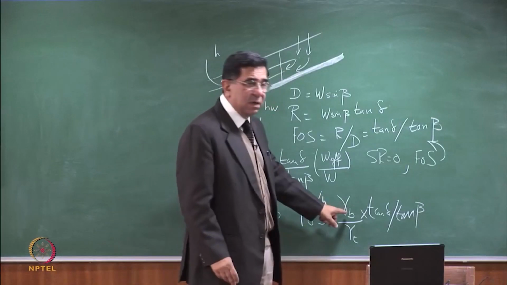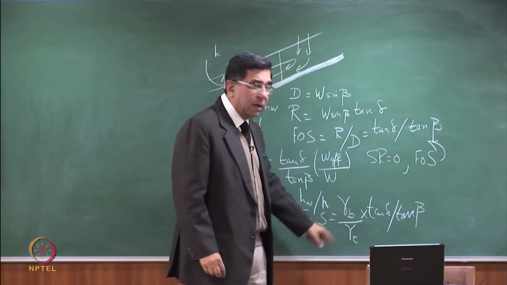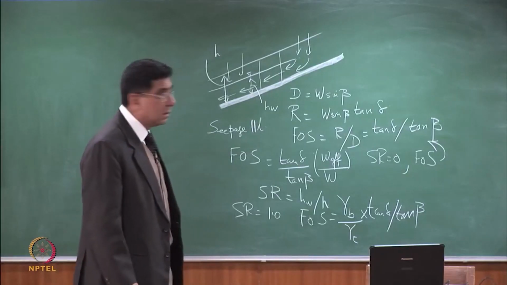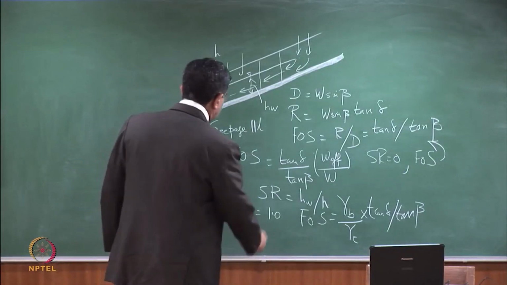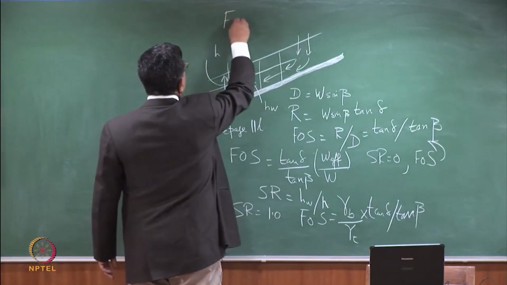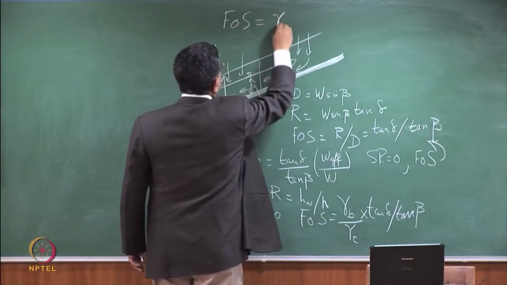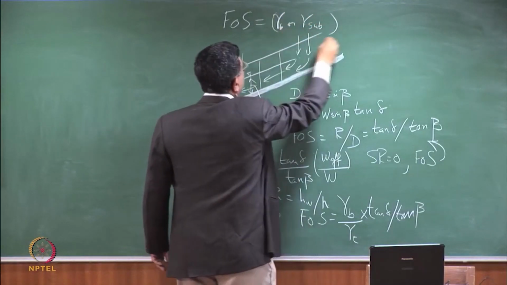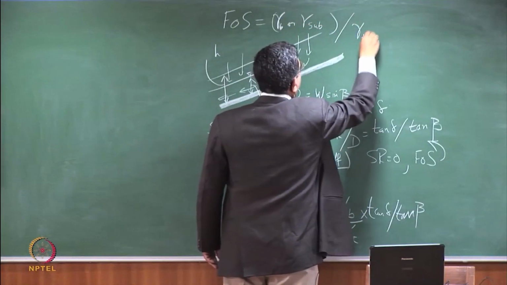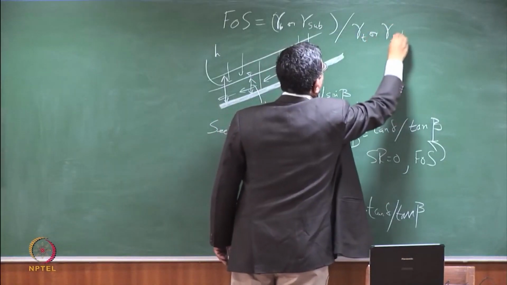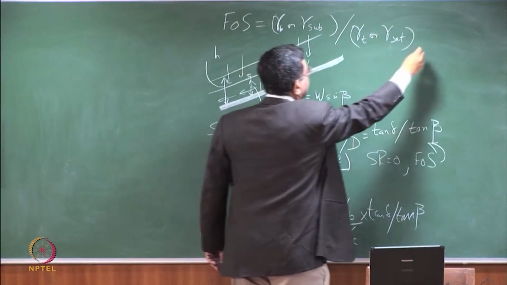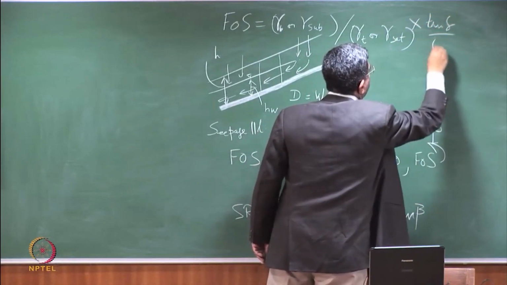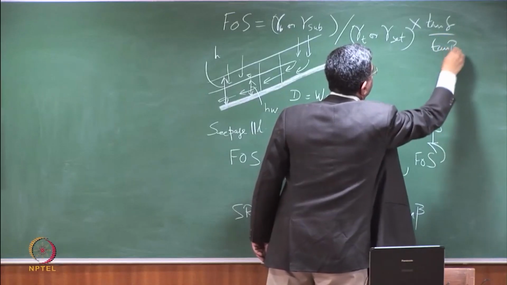This can be gamma submerged or gamma buoyant, and this can be gamma total or gamma saturated. Shall I write this up here? Because if you can't see it, the whole thing is multiplied by tan delta by tan beta, sorry.